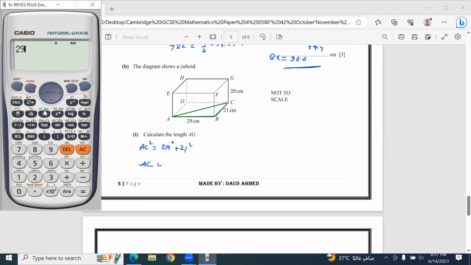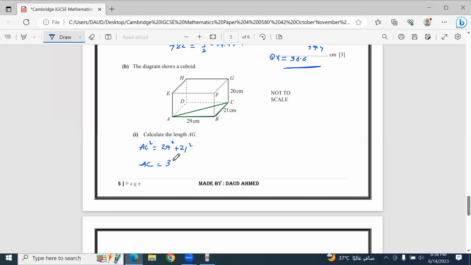So 29 squared plus 21 squared gives me 1282, and we take the square root of this answer. It is equal to 35.8. After this, we have to find AG.